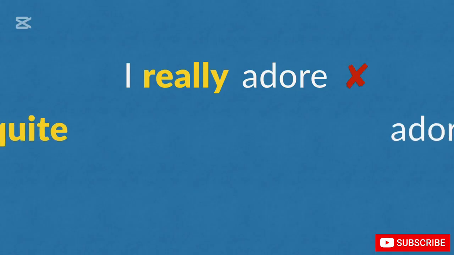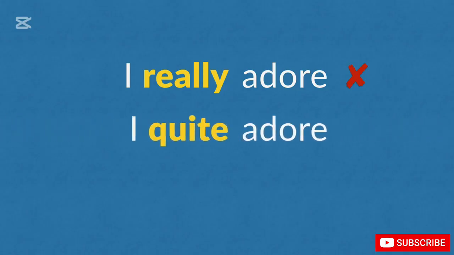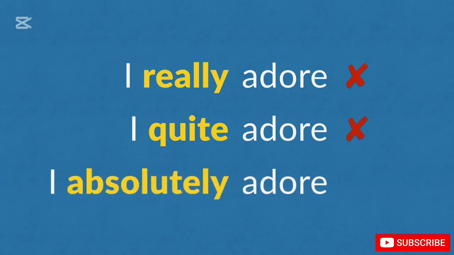However, adore is a strong verb. It's an extreme verb. Has a strong meaning. So you can't say I really adore or I quite adore. You have to say I absolutely adore. So absolutely goes with the strong verbs. Really and quite go with the normal verbs.